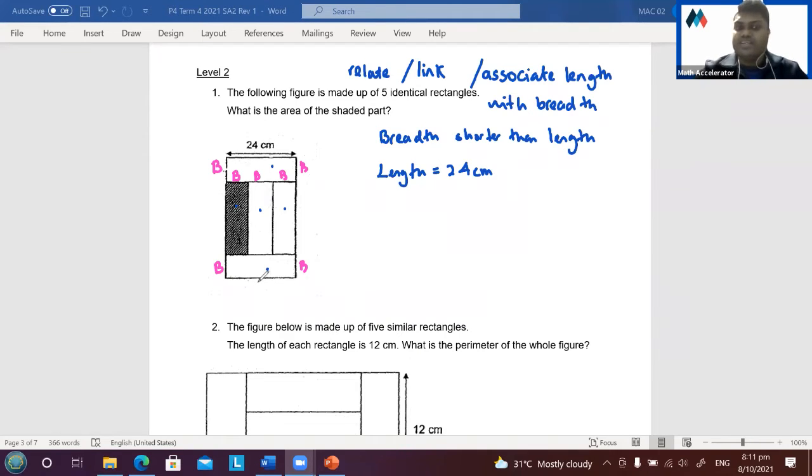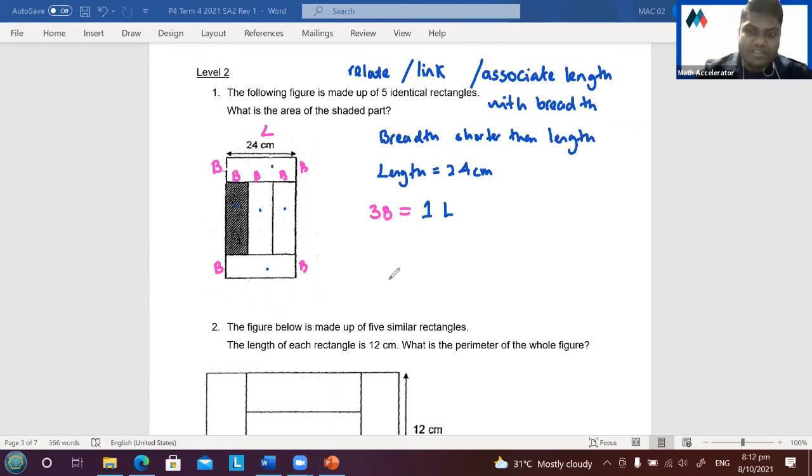Okay, class. So if you look at this part here, 1, 2, 3. The 3 breadth makes up 1 length. Can you observe that? The 3 breadth over here equals 1 length. You see that? Okay, so this is what I mean by associate length with breadth.